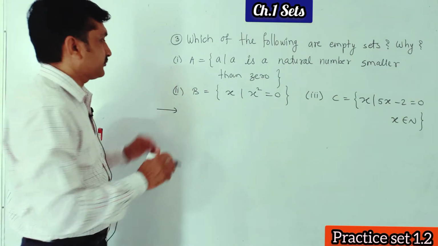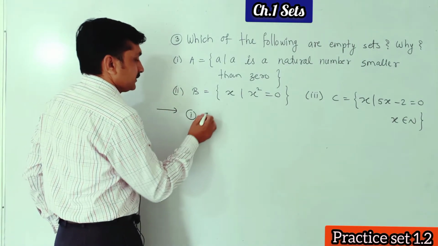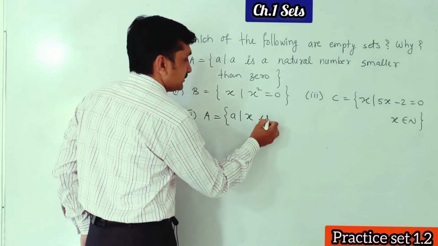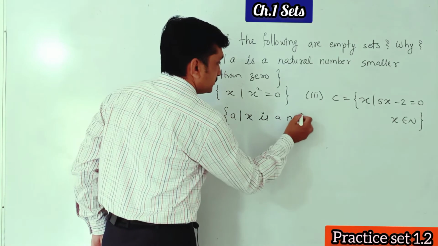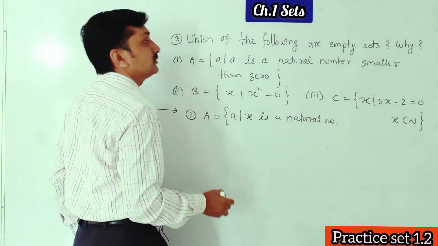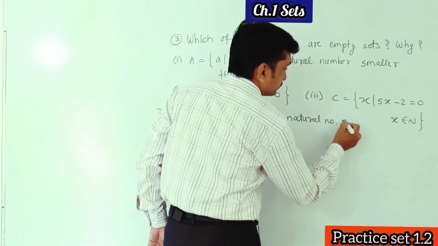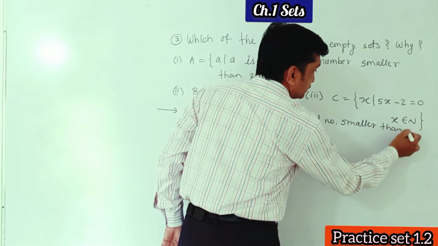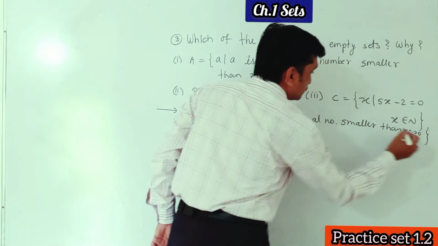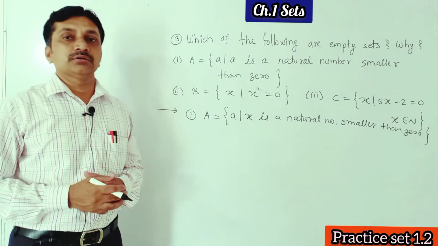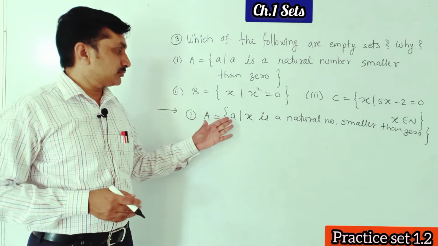Let's see one by one. First, A is the set of all a such that a is a natural number smaller than 0. Now this is in rule method.